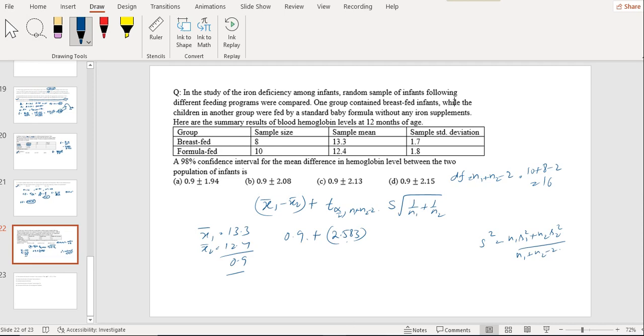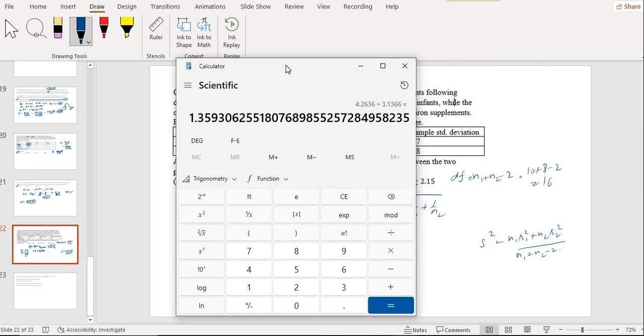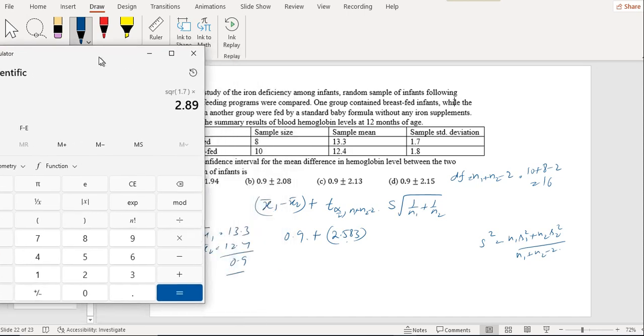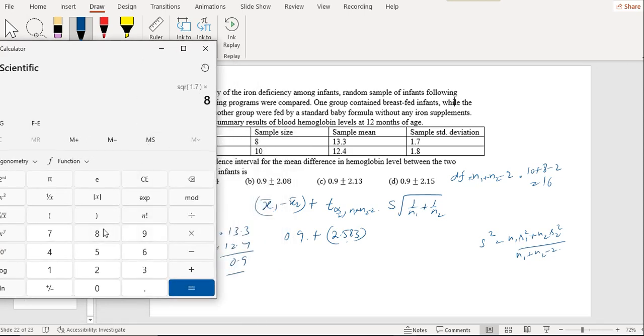So if we calculate, 1.7 square multiplied by 8, plus 1.8 square multiplied by 10, divided by 16, and then we find its square root.